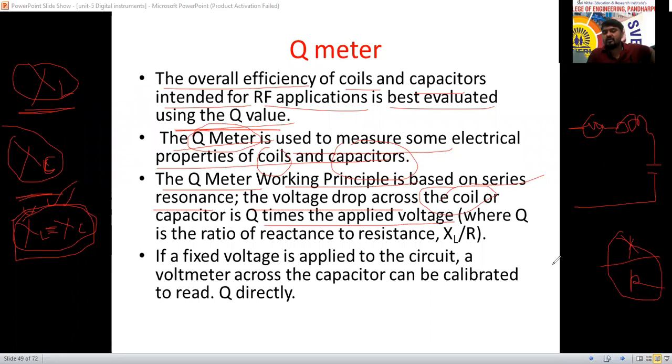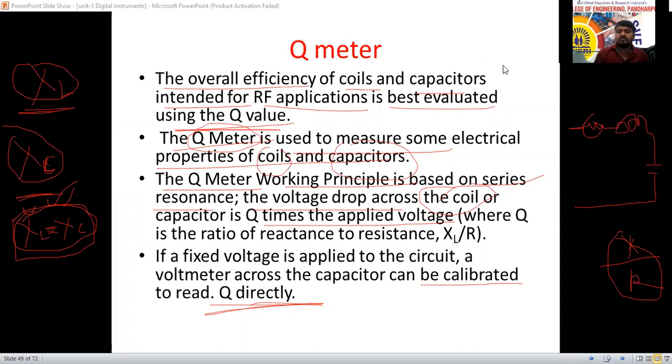If a fixed voltage is applied to the circuit, the voltmeter across the capacitor can be calibrated to read the Q directly. I will show the circuit diagram and explain this.